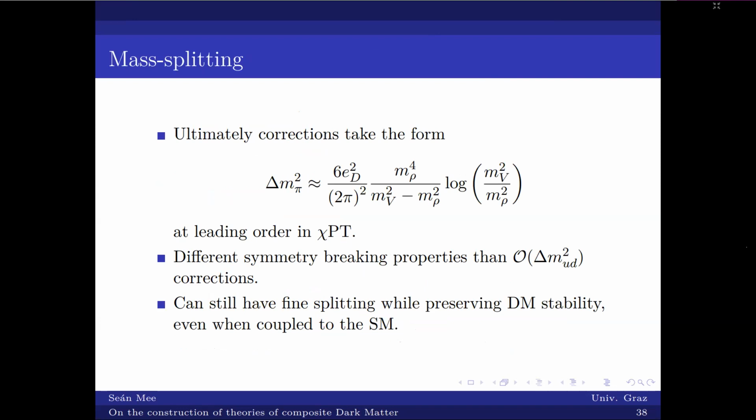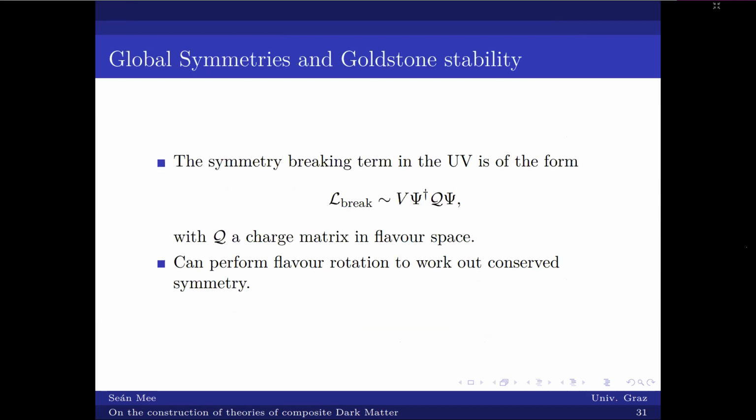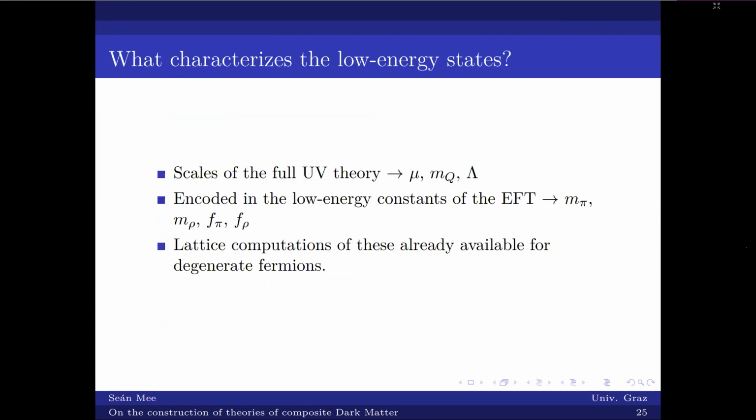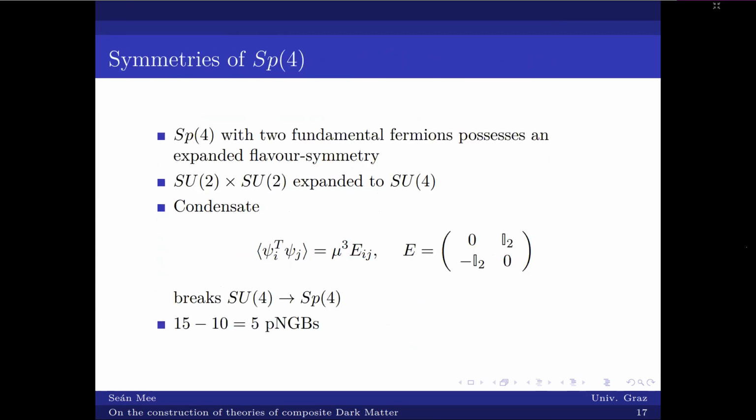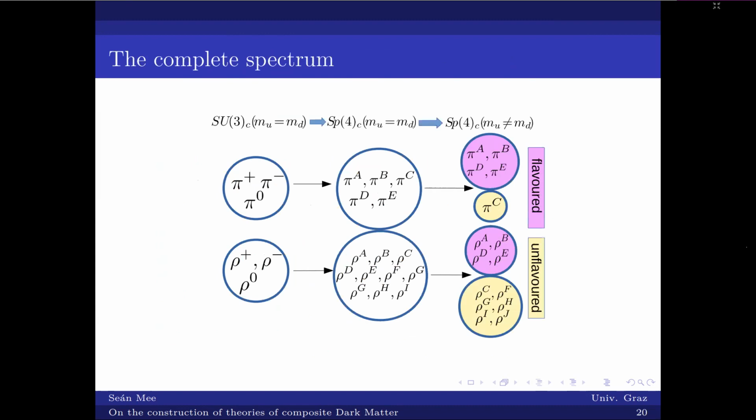Okay, so one nice thing is that we now have different symmetry breaking properties than mass splitting due to non-degenerate quarks, right? So we can still have fine splitting amongst our Goldstones while preserving exactly the stability of the DM. Just to make it clear what I mean by this, I'm going to scroll back to this guy here.